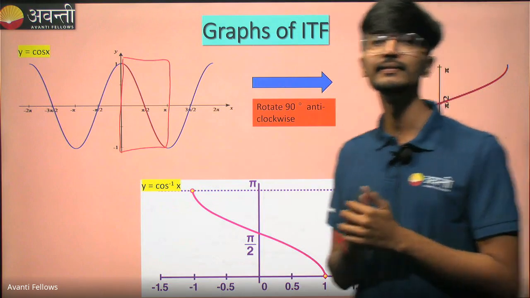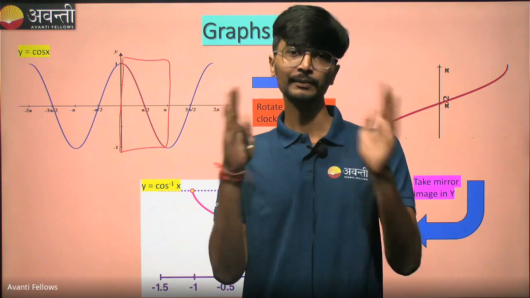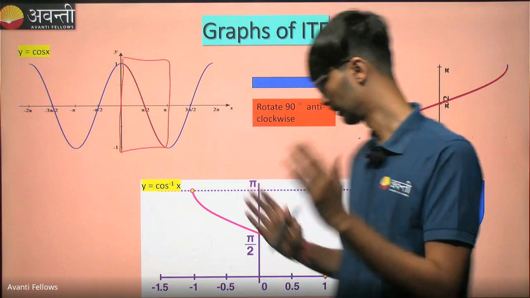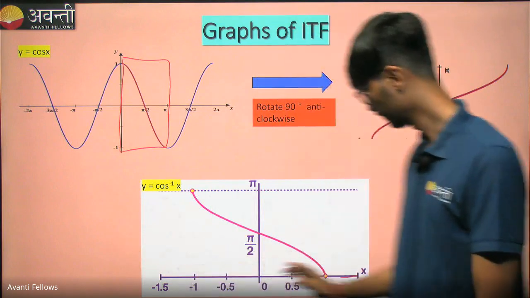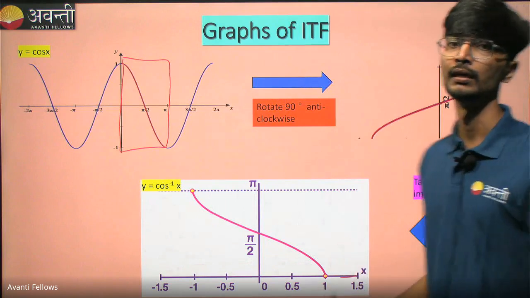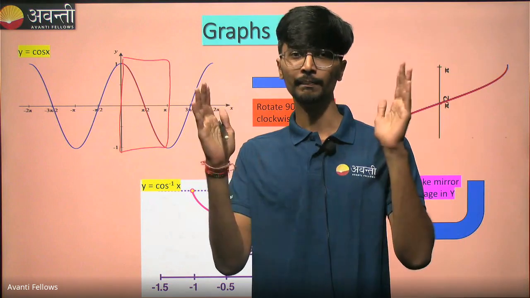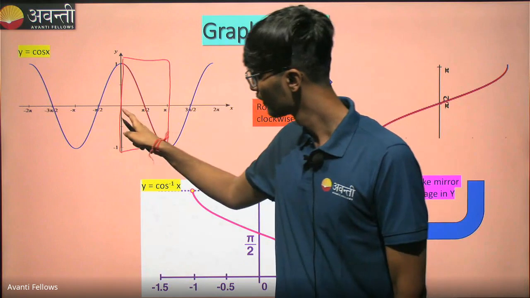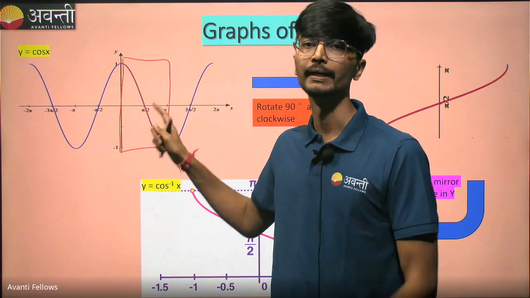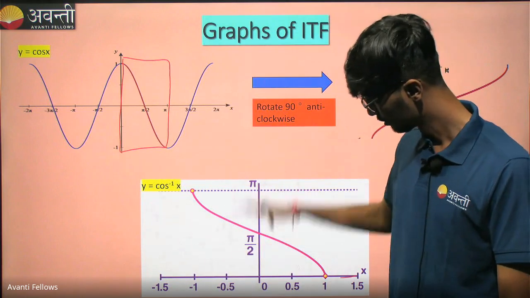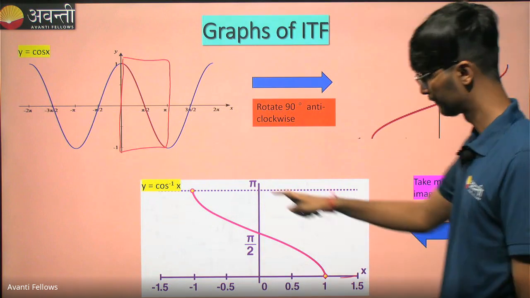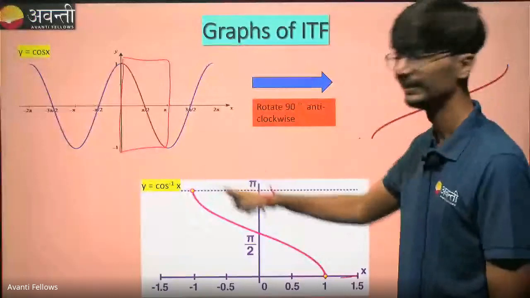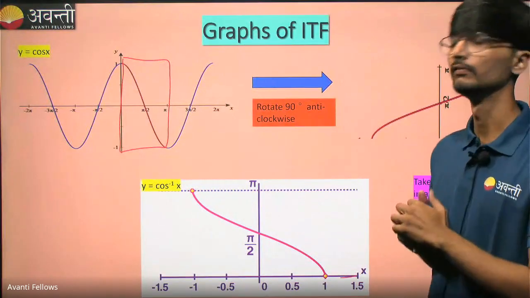Again, we can easily see that the values lie between -1 and 1, so the graph will not go beyond -1 and beyond 1. And what domain did we curtail to? 0 to π. So the graph will only be between 0 and π. This is the graph of cos inverse.